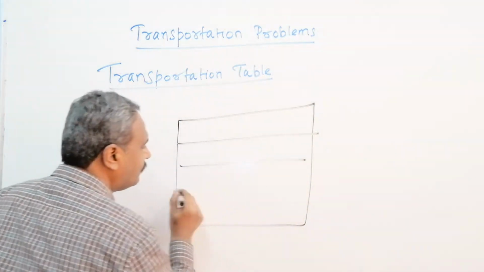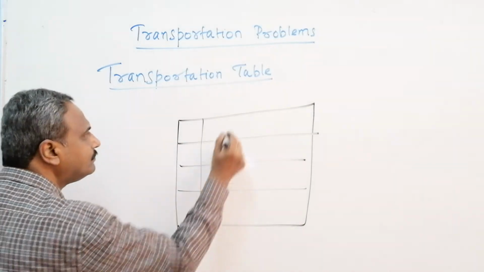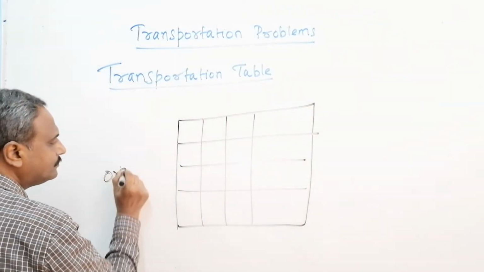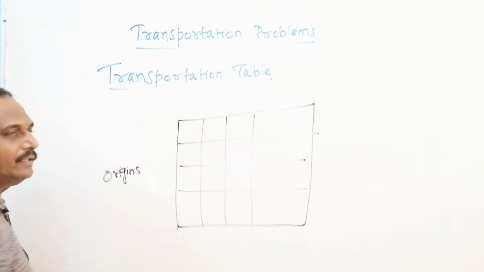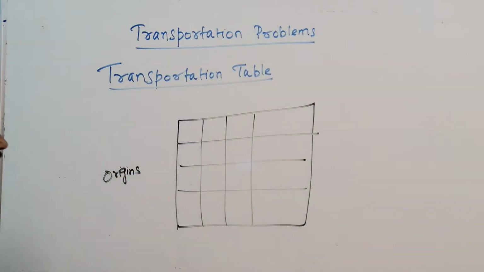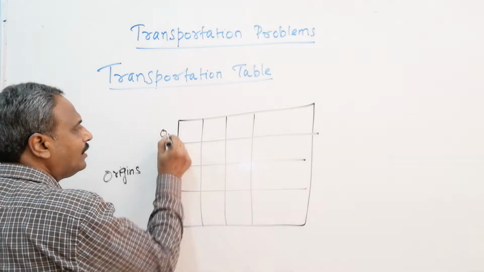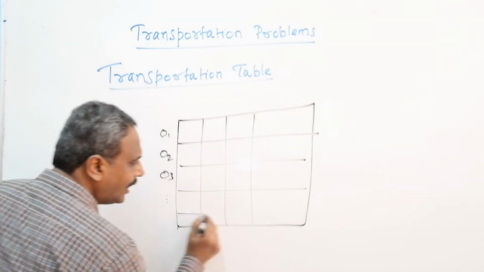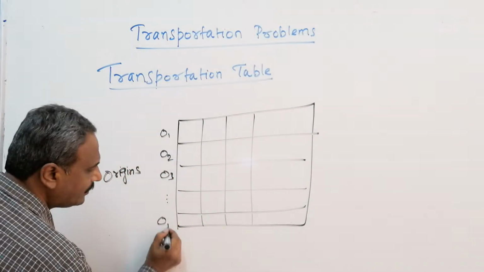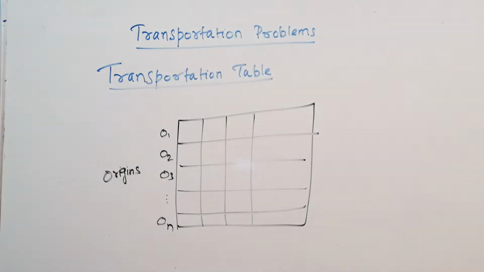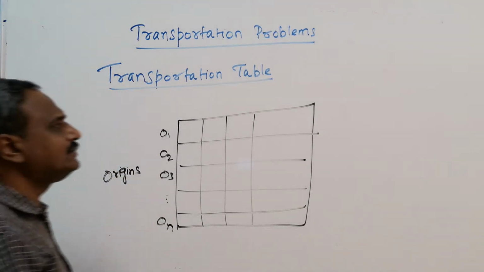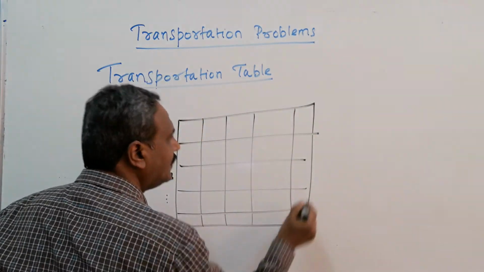I am going to make note of all the origins of the particular commodity. This is for a single commodity. If I have origin 1, origin 2, origin 3 and so on, up to origin n, then in each origin, what is the availability of the items?